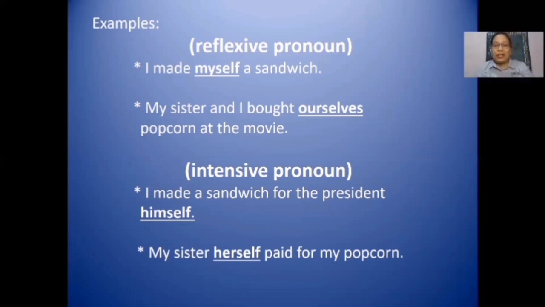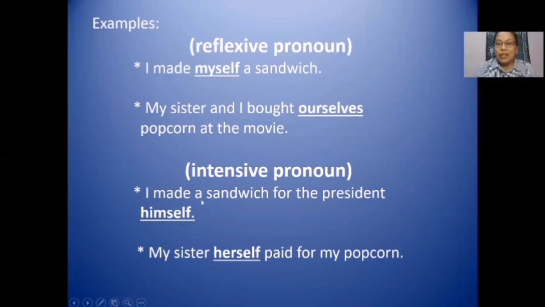If the word before it is a verb, an action word, meaning that pronoun ending in self or selves is a reflexive pronoun. Another explanation is ourselves here is referring to my sister and I. It refers back to the subject, my sister and I.